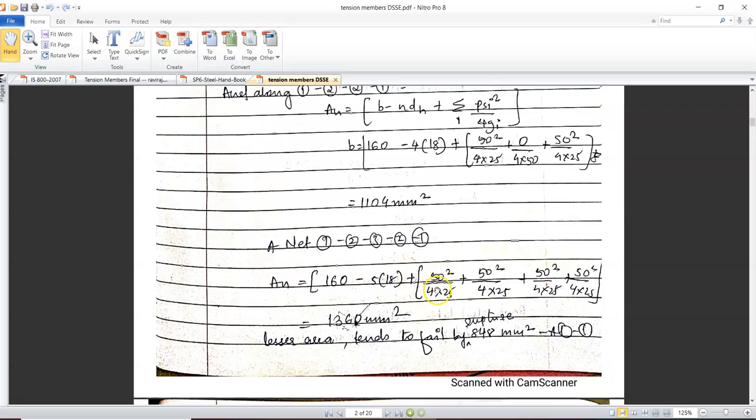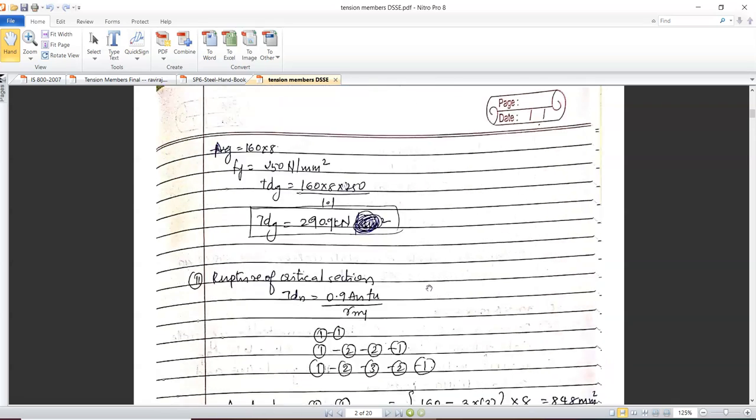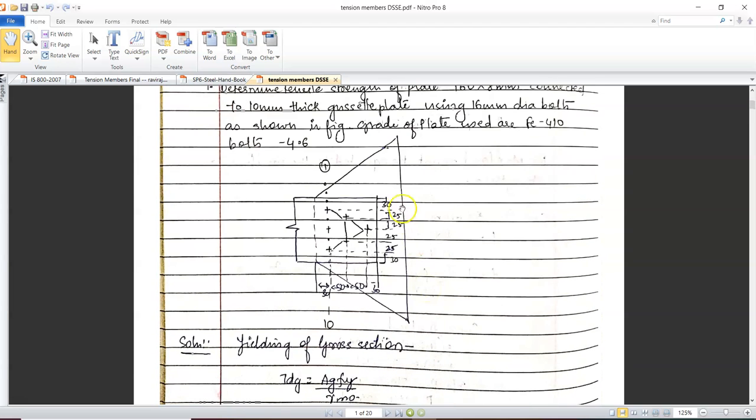Two bolts at a time we will consider. When you consider these two bolts, pitch distance is 50, gauge distance is 25. That is 50 square divided by 4 times 25. When you consider the next two bolts, again pitch distance is 50, gauge distance is 25, again 50 square divided by 4 times 25.